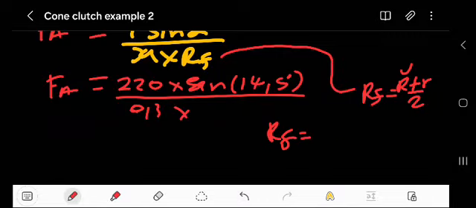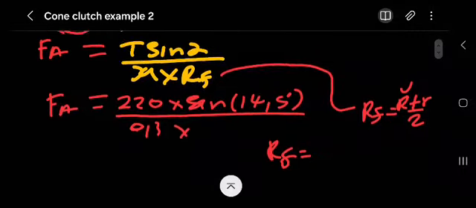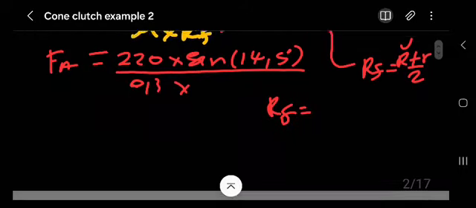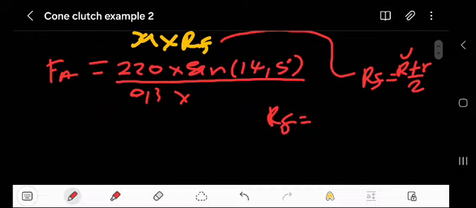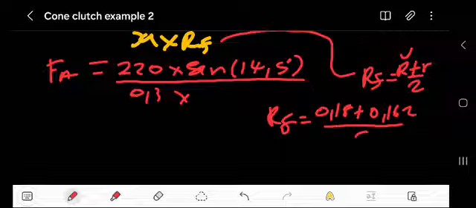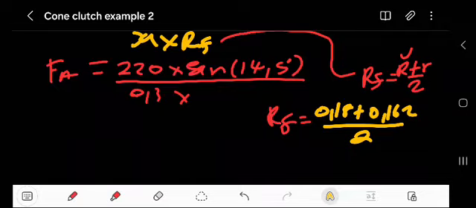What is our outer radius? It is the one that you've been given, which is 0,18 plus the one that you've calculated, which was 0,162. I still remember. Divide this by 2, we'll get that.